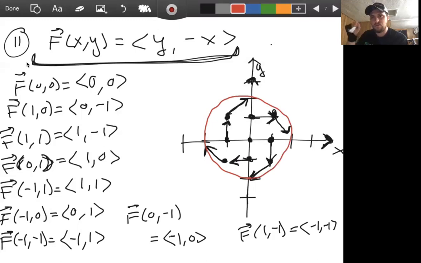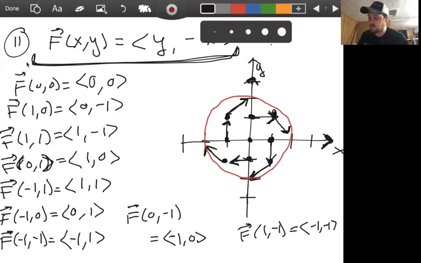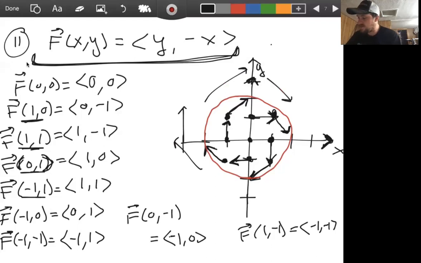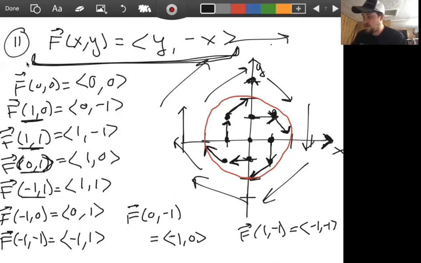It's like a rotating vector field here. And if you go through the points like 2, 0, 2, 2, 0, 2, -2, 2, you're going to get that they're all the same direction, but of greater magnitude. So the farther out you are, the longer the vectors, right? And so this is an example of a rotational vector field, right?